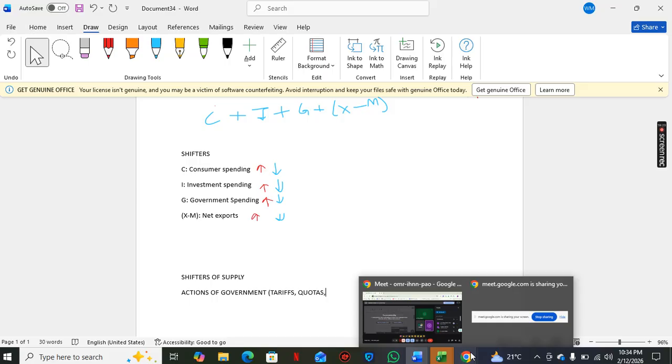Anybody, a quota? Colleagues, last year in microeconomics we discussed this. So this was one of our first lessons in economics. We want to talk about the shifters of supply.